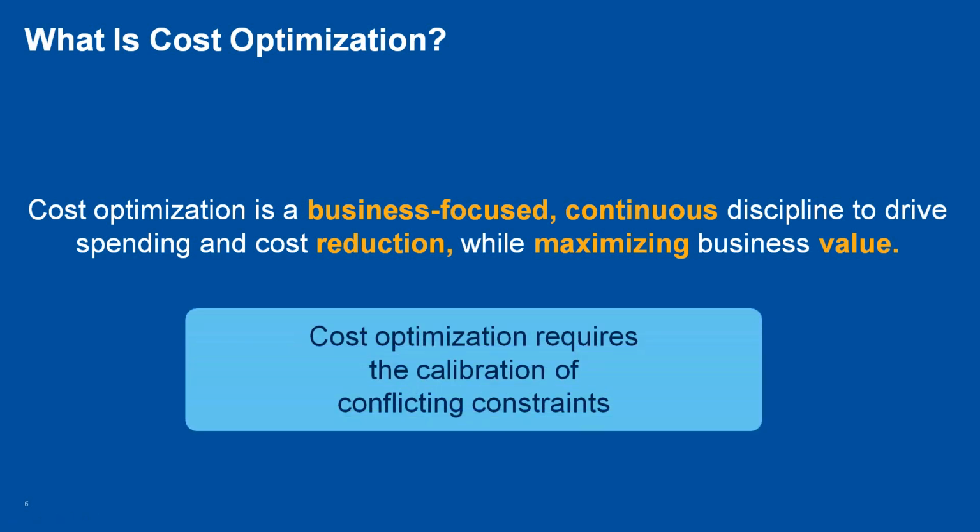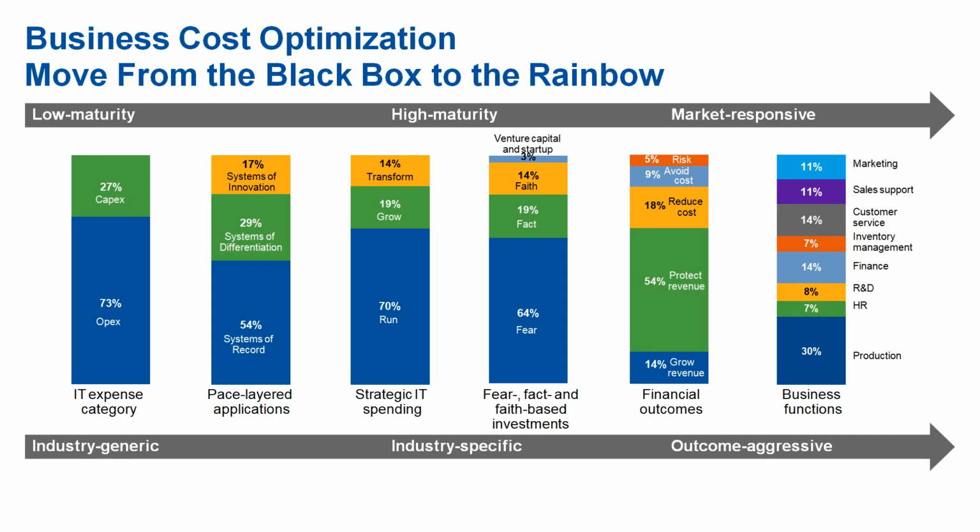Cost optimization requires the calibration of conflicting constraints. So we need to highlight what the conflicting constraints are, measure them, and remove them, so that my business is focused, and this will increase cost optimization across various departments.